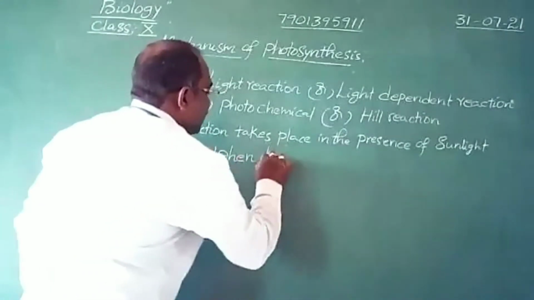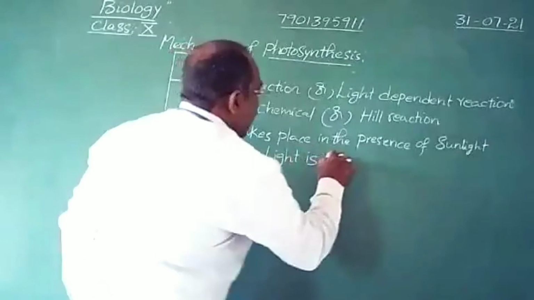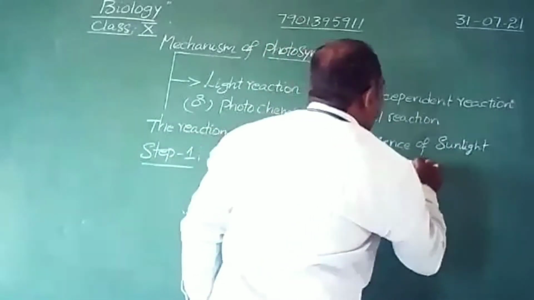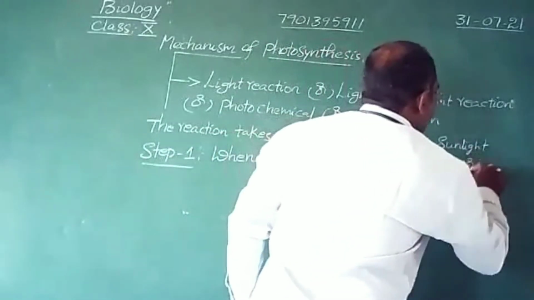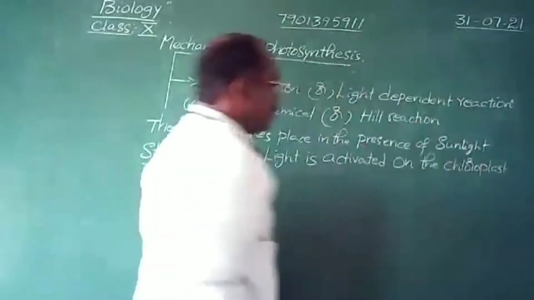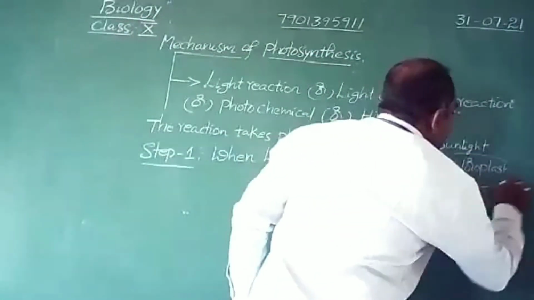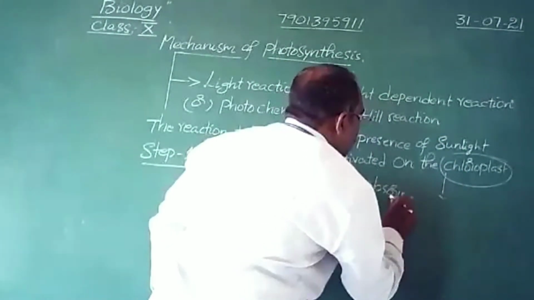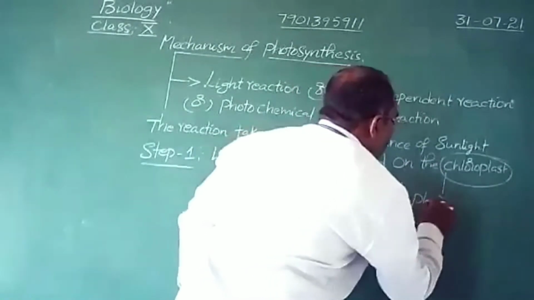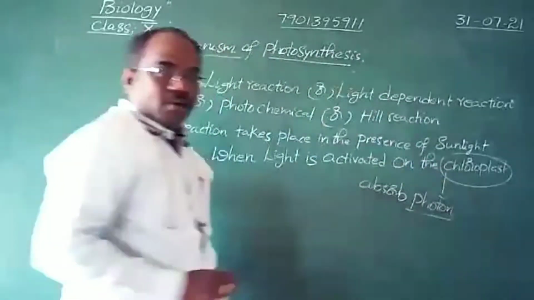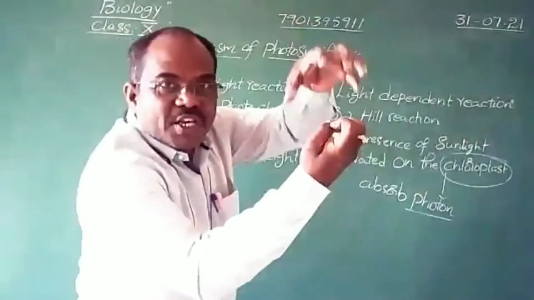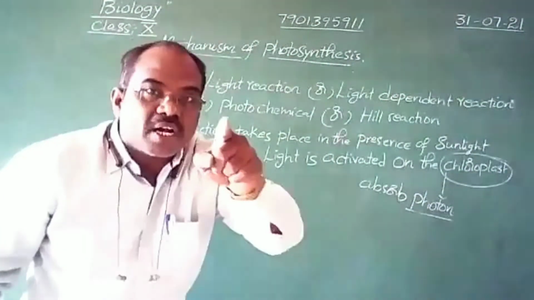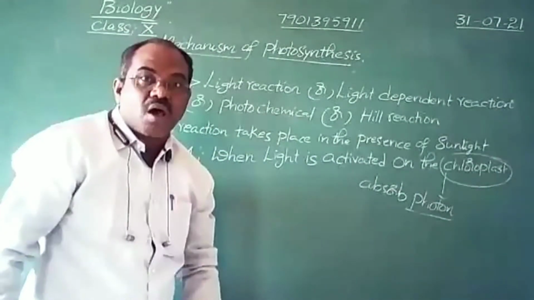When light is activated on the chloroplast, the chloroplast absorbs photons. As already said previously, what is meant by photon?